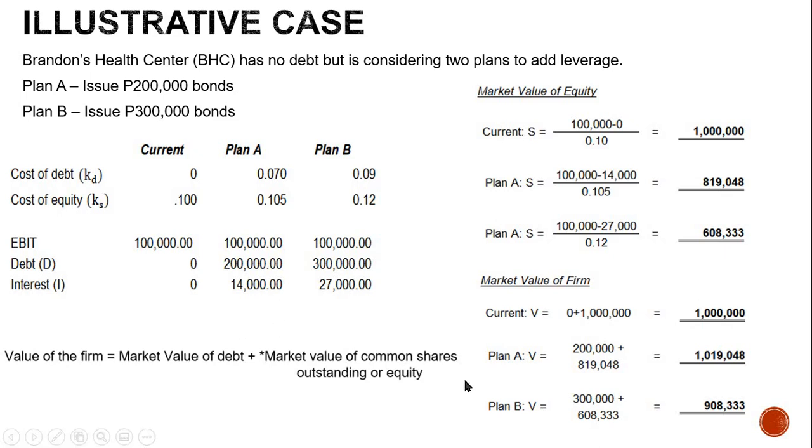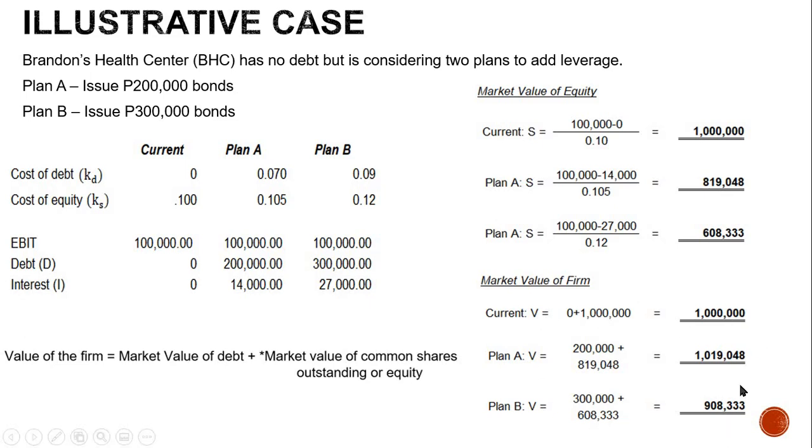For plan A, the market value of debt is 200,000 plus the market value of equity of 819,048, which is 1,019,048. For plan B, the market value of debt is 300,000 plus the market value of equity of 608,333, which is 908,333.